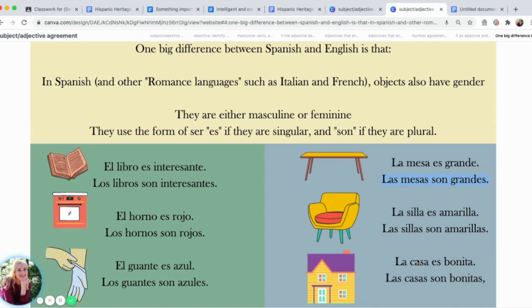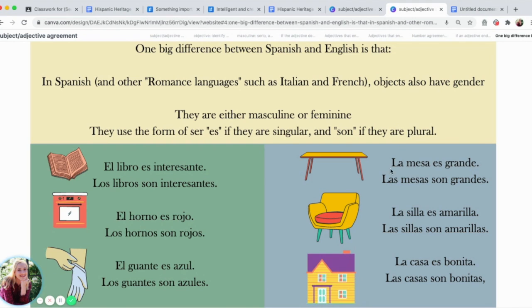Yes? I have a question. Yes, David Excel. La mesa es grande. The word grande, is it in masculine or in feminine? So grande is going to stay the same depending on if we're talking about masculine or feminine. So remember, one of our rules is that if the adjective, if our describing word ends in E, so grande or inteligente, it's going to stay the same regardless if it's masculine or feminine.